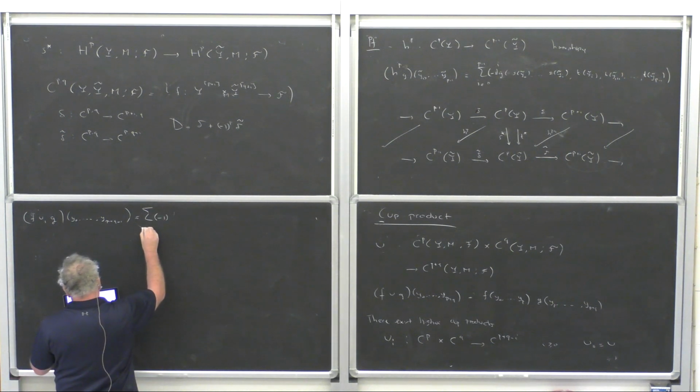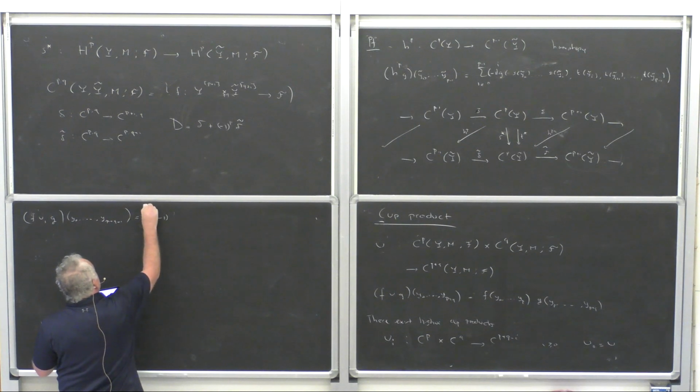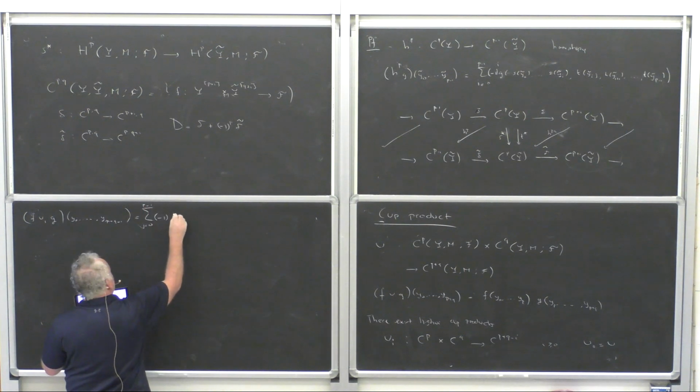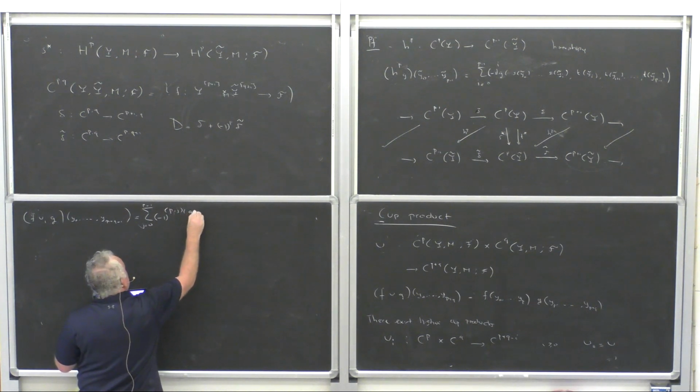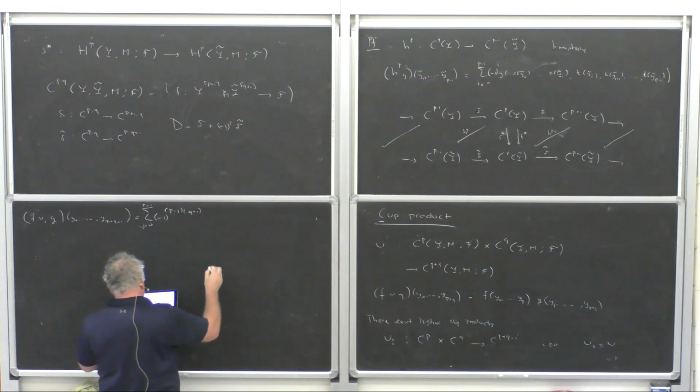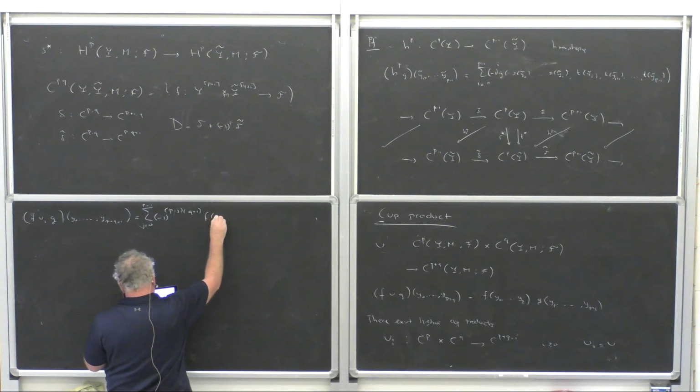So this is j equals 0 to p minus 1, with a particular minus sign, but not an obvious one.